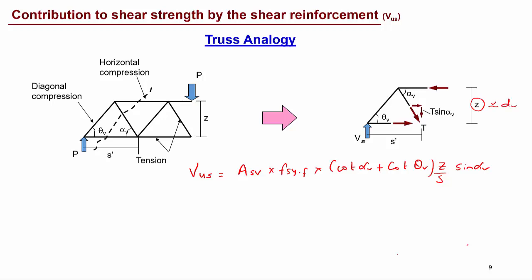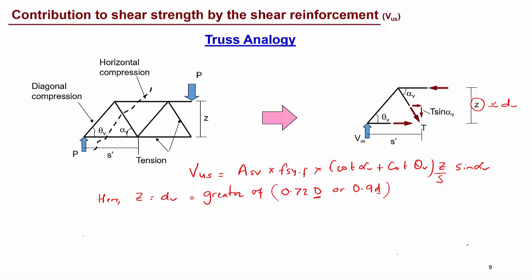So Z is simplified as dV, where dV is the greater of the given values. Here D is the overall depth of the beam, and small d is the effective depth of the beam. So we know those parameters, so we can find dV and plug that back into the equation.